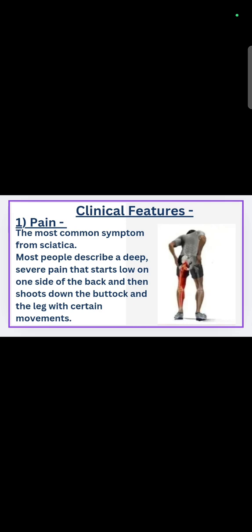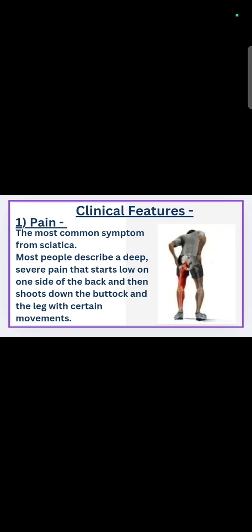Now, as we have already seen, the etiology or the causes of sciatica: the first one is disc herniation, the second one is spinal stenosis, the third one is spondylolisthesis, and there are the other causes also mentioned earlier.